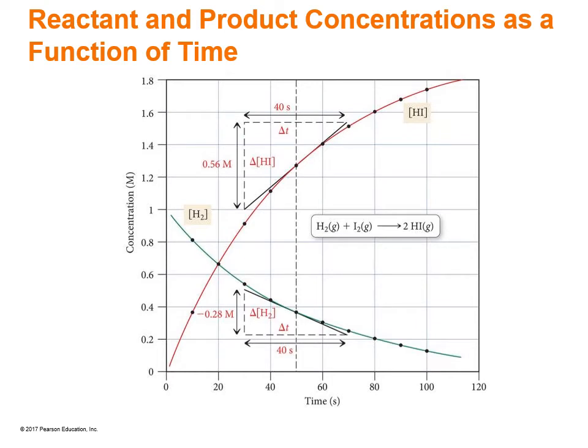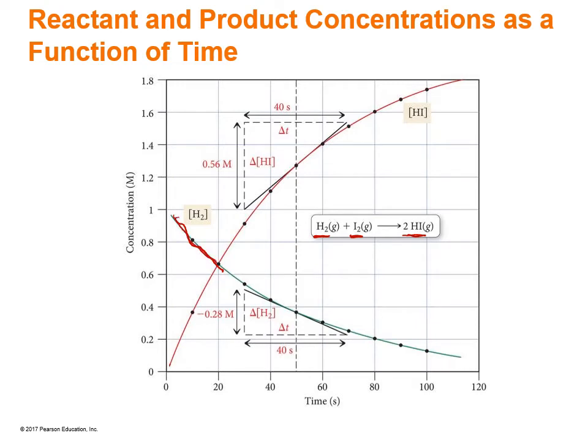When looking at a chemical reaction, our example reaction that we're going to look at is hydrogen plus iodine forming hydrogen iodide. And we can look at how that concentration changes over time. So as our reactants get used up, our concentration is going to decrease over time.